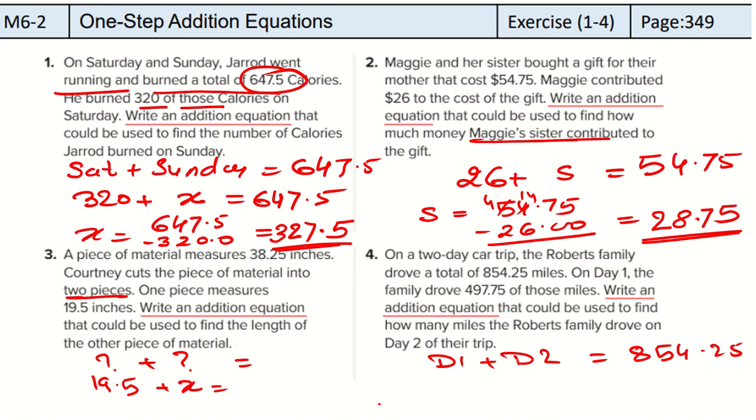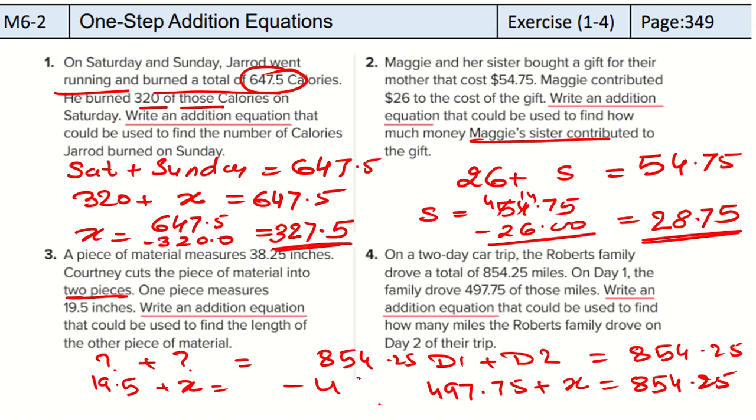Now, on day 1 they drove 497.75 plus day 2 I am taking as x is equal to 854.25. So what you will do here, just subtract it. 854.25 minus 497.75. Subtract it, you will get the answer.